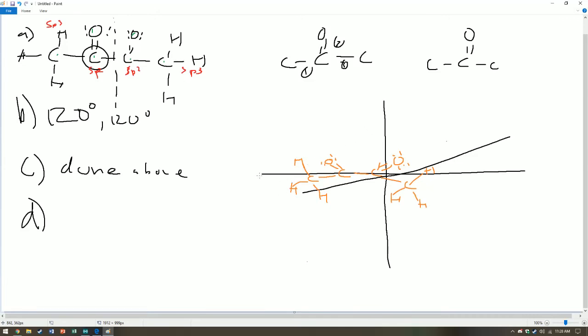If that was our plane of reference, they all lie in the same plane, whereas these hydrogens don't necessarily line up in the same plane. So the answer is the 4 carbon atoms and the 2 oxygen atoms can indeed be in the same plane.